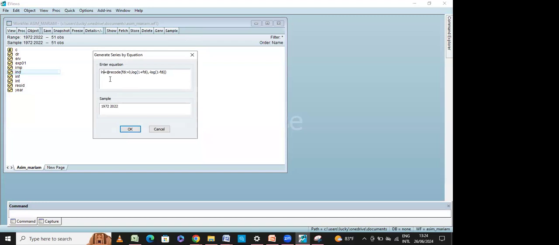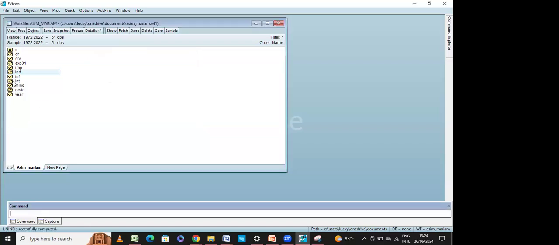Here I am taking the IND variable, so I write IND here, here, and here, and here also. When I click OK, you will see a new variable appear, log IND. So this variable IND is already converted into the log form.